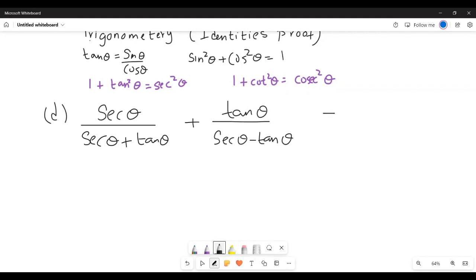This should be identical to 1 plus 2 tan square theta.